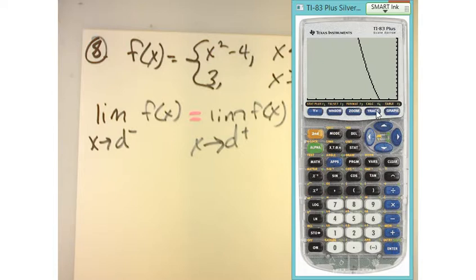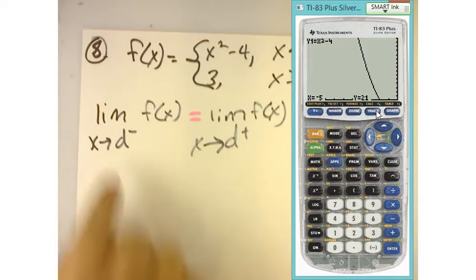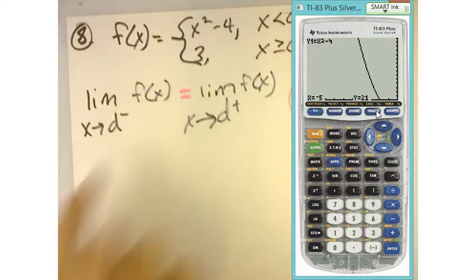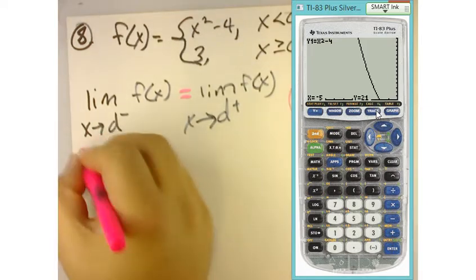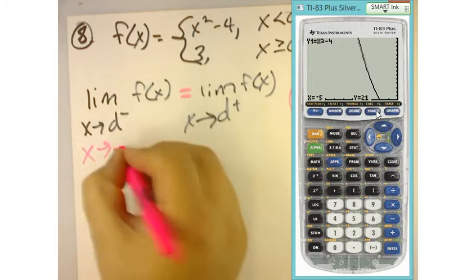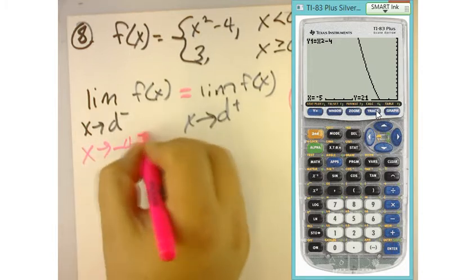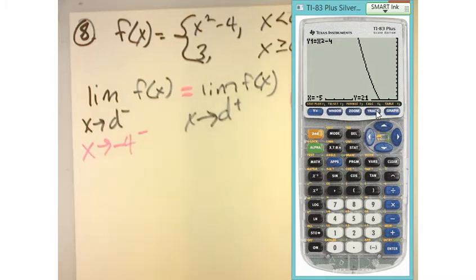Alright, so this is what we want to hone in on. I'm at negative 5 in the x direction. What we really want to do is look at x as it approaches negative 4 from negative infinity. So we go more negative, and I'm going to come in closely. Everybody look up at the screen. Watch what I'm about to do.